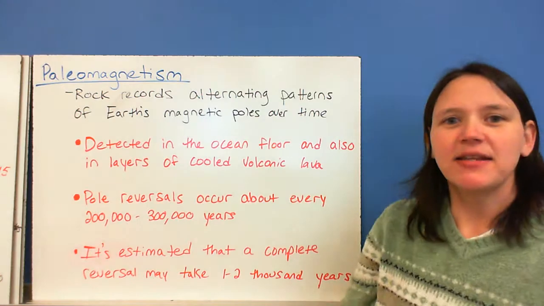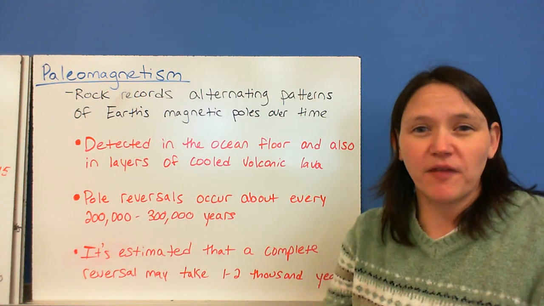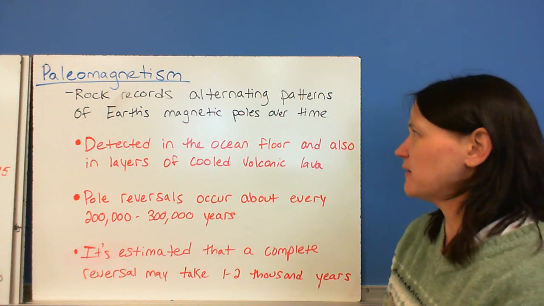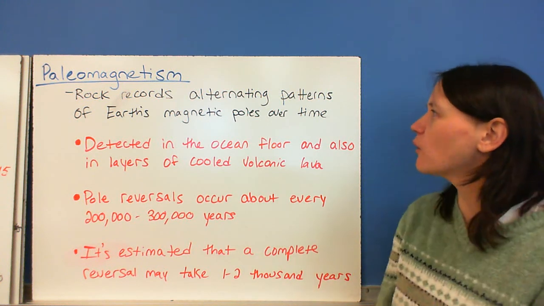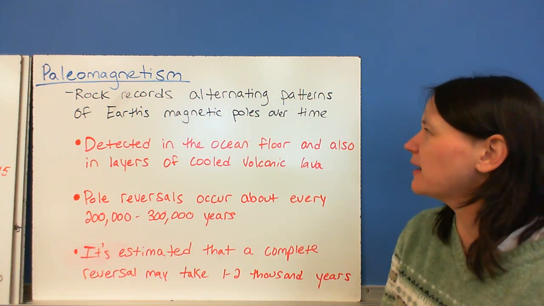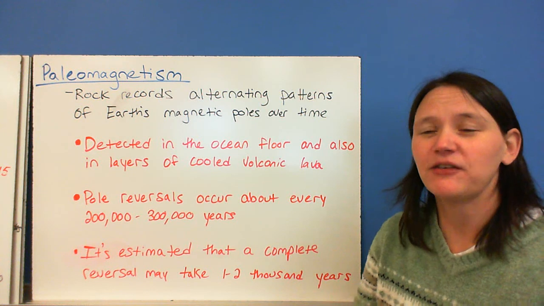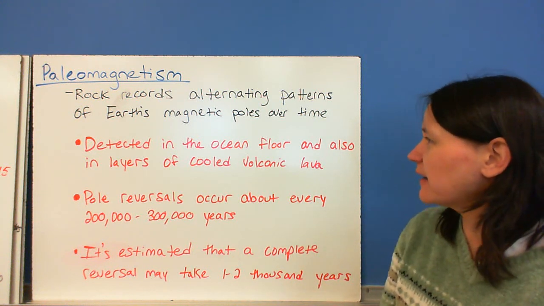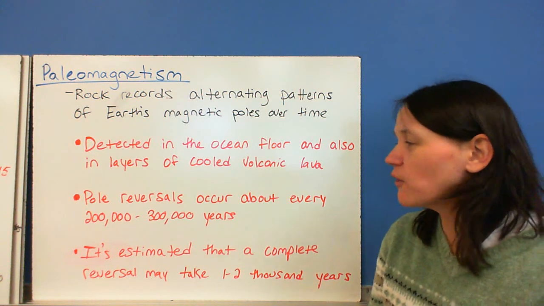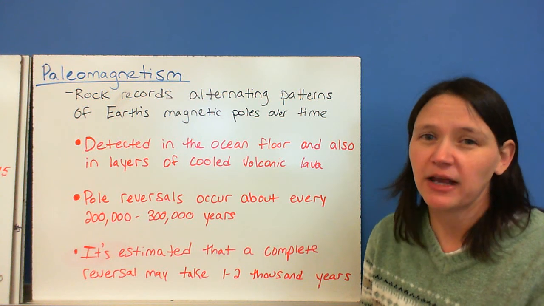So this idea that the north and south pole flip-flop is called paleomagnetism. Like I said, the rock records the alternating patterns of Earth's magnetic poles over time. It's changing, and it's detected in the ocean floor, but it's also in cooled layers of volcanic lava.